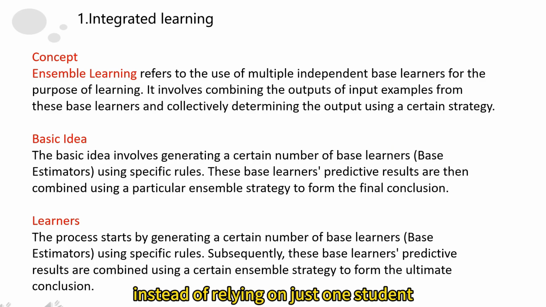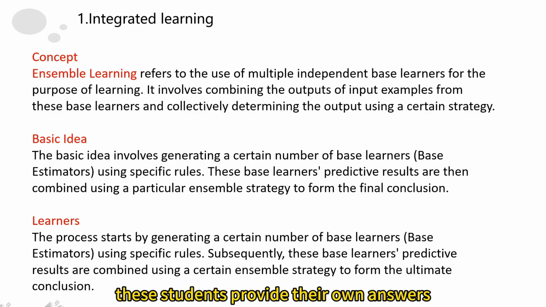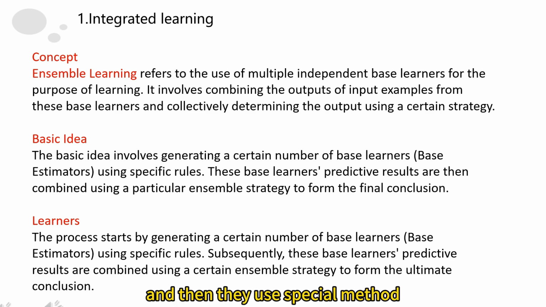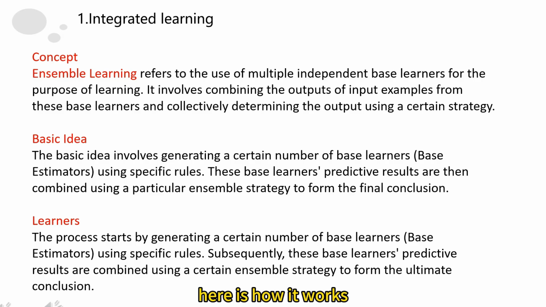Instead of relying on just one student, you create a set of rules for each student to follow. These students provide their own answers, and then they use a special method to combine all their answers into one final solution. Here is how it works.